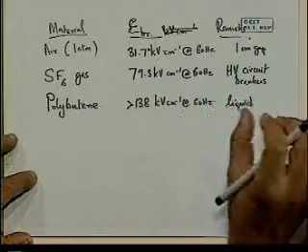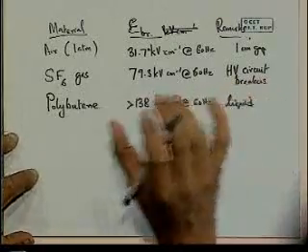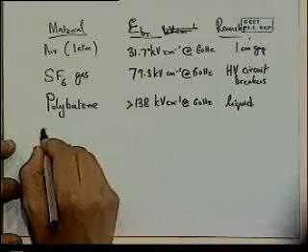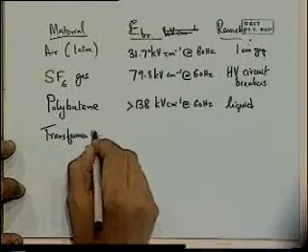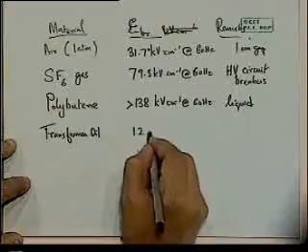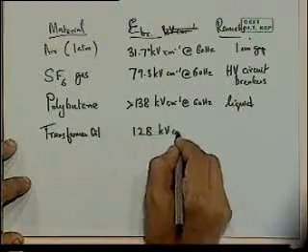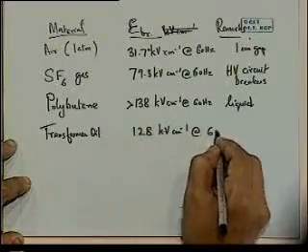You've got the actual cable, and then you've got insulation in between, I mean the outer covering, and you can use this as a liquid filler in between in high voltage cables. Transformer oil, this is another important one. You've seen all these big transformers around the place, there's oil in it, to prevent the breakdown and sparking between those. Transformer oil is good up to about 128 kilovolt per centimeter at 60 hertz.